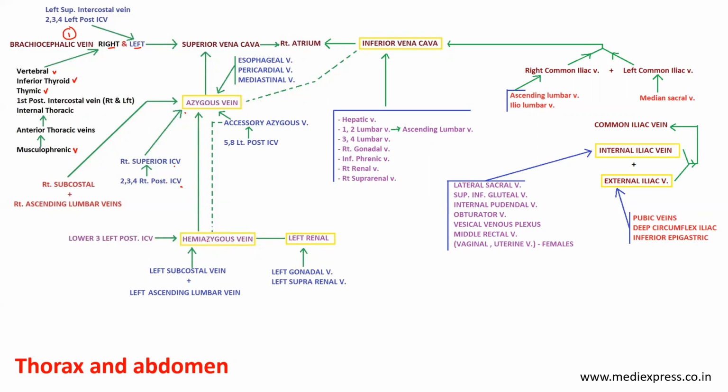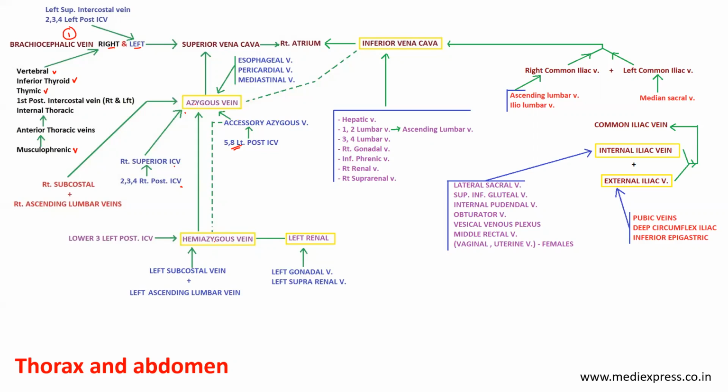Now there is one communicating vein between the hemiazygous vein and an accessory azygous vein. Thus this communicates that some blood directly goes into the azygous vein and some goes into the accessory azygous vein. And accessory azygous vein again gets the blood from fifth and eighth left posterior intercostal vein, and together it drains into the azygous vein.